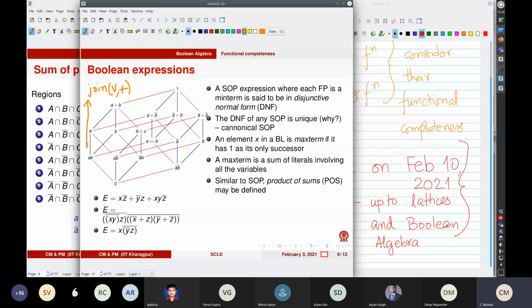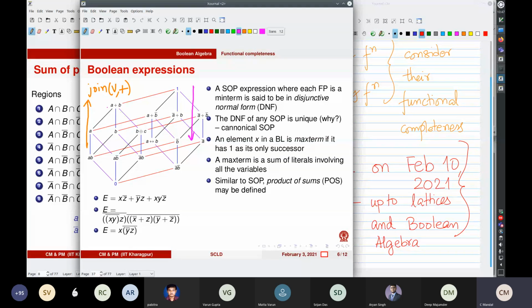Similarly, you can also come down. Just as you can go from bottom to top, that's what you saw.